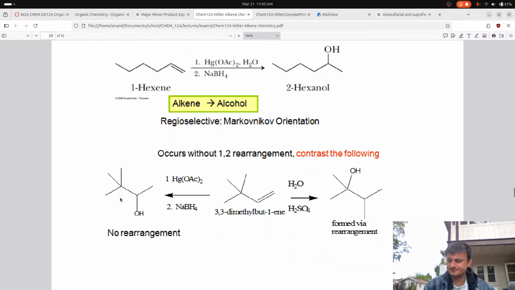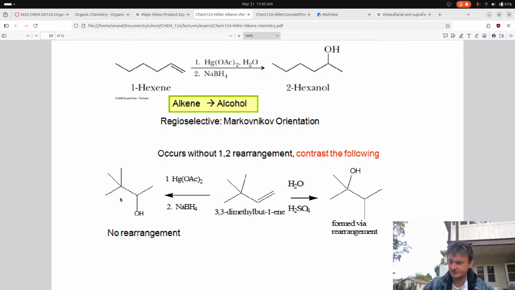But here, the main advantage of the oxymercuration is that we get a, so this is gonna be HgOAc2. That's the first thing. Then the second thing is sodium borohydride. And I don't think we need to know the mechanism by which the borohydride takes off.